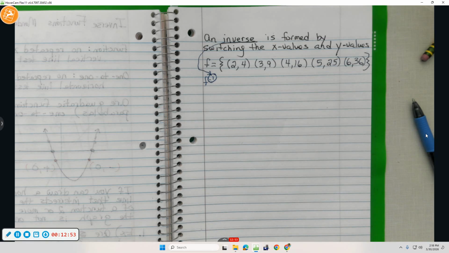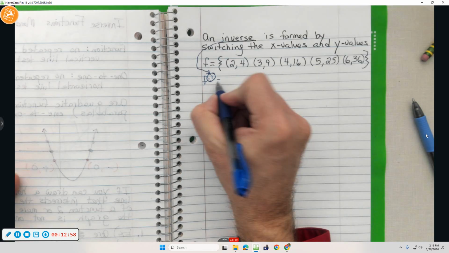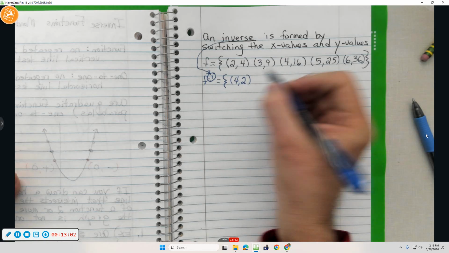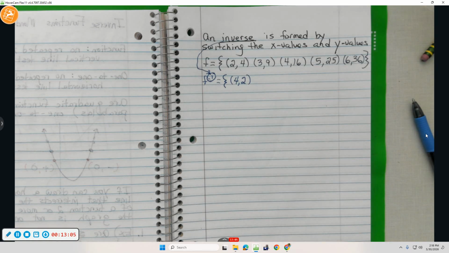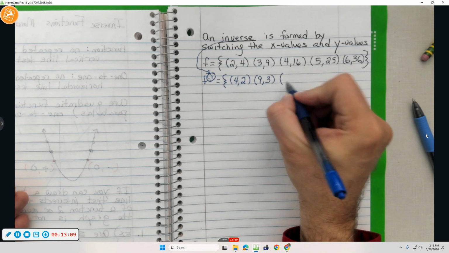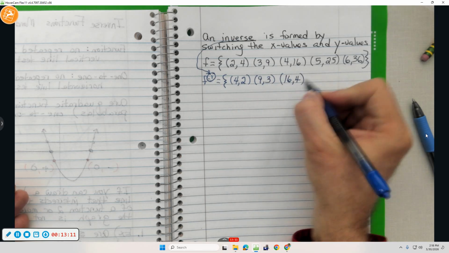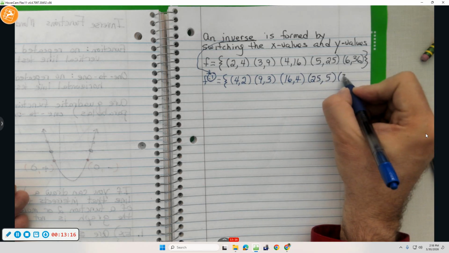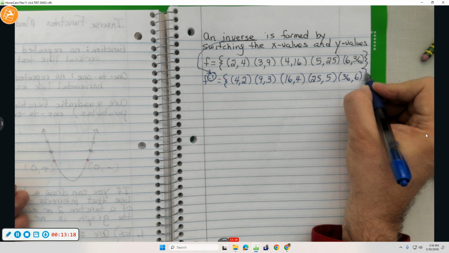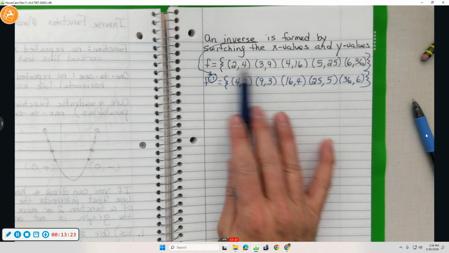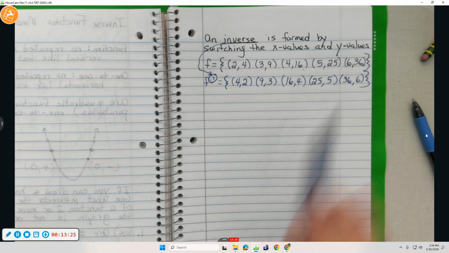Read it as f inverse. So just go right on through and swap, however you want to word it, the x and y values. Inverse switches or swaps the x and y values.